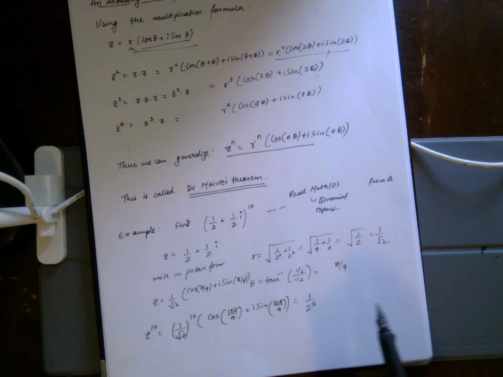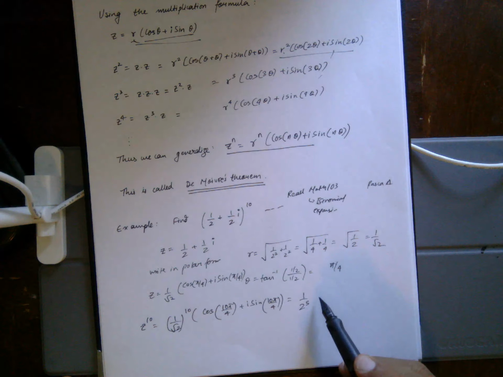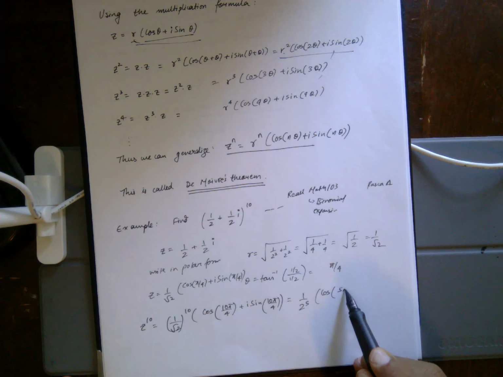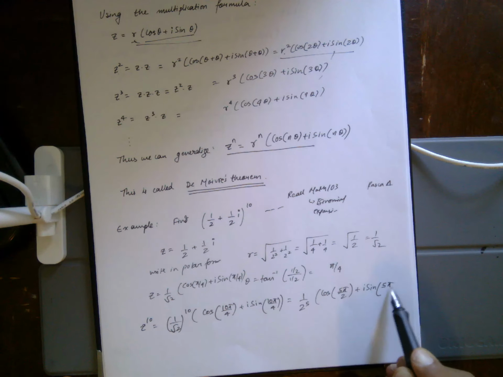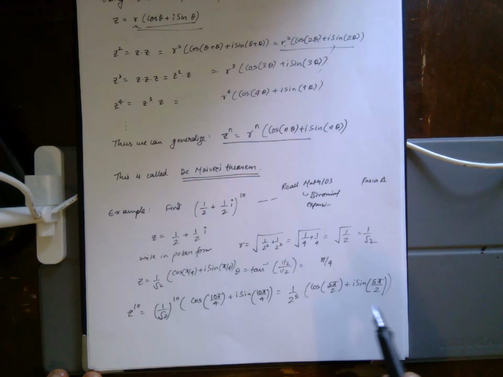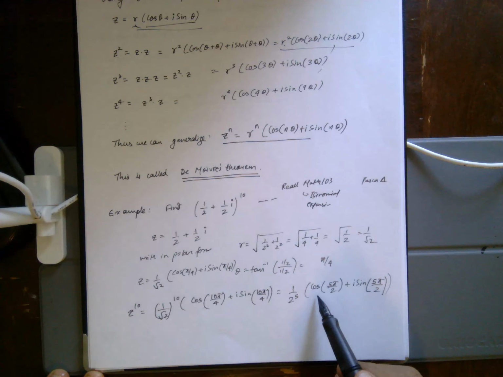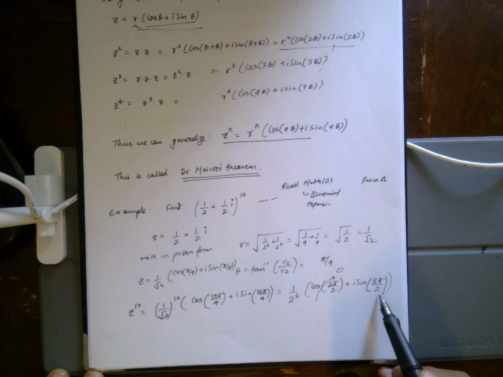This is 1 over 2 to the power 5, because square root means the exponent is 1/2 and 1/2 times 10 is 5. Cosine of 5 pi over 2 plus i sine 5 pi over 2. Now I can make this even simpler because I know from the graph of cosine that at odd multiples of pi over 2, it's 0, and sine at those is 1.